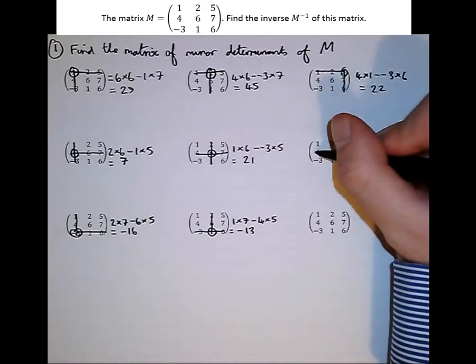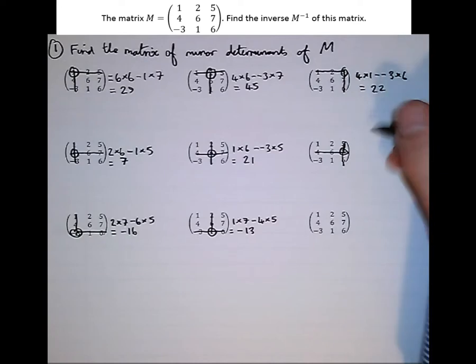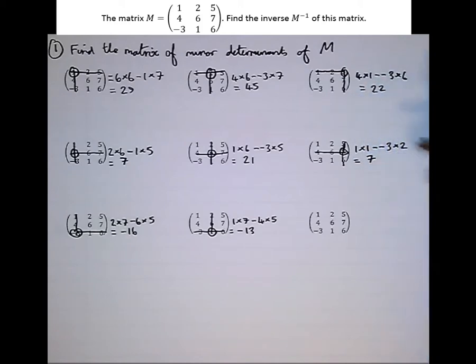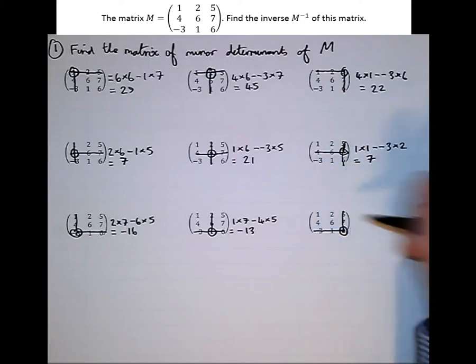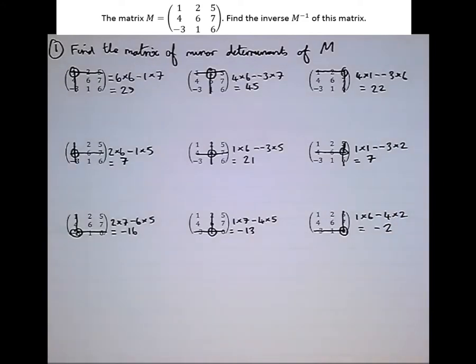This one here, cross out its row and column: 1 times 1 minus 3 times 2, so 1 plus 6, which is 7. Then the final minor determinant is that of the bottom right element: 1 times 6, take 4 times 2, which is minus 2.